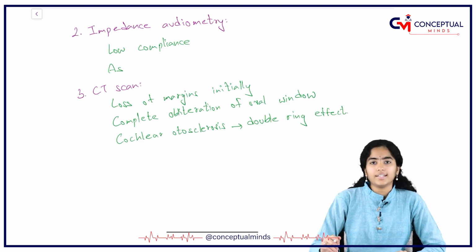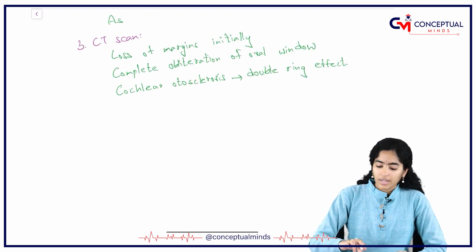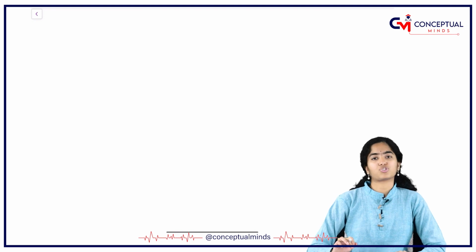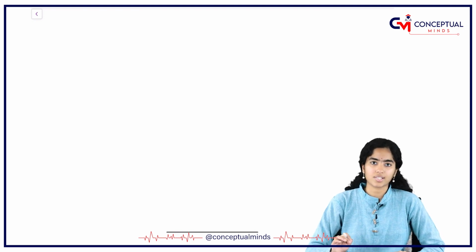These are the three investigations that we do: pure tone audiometry, impedance audiometry, and finally a CT scan of temporal bone. And we have made a provisional diagnosis of otosclerosis.